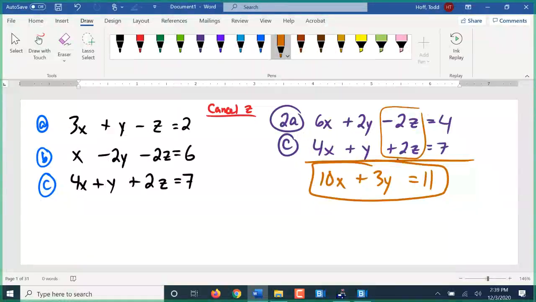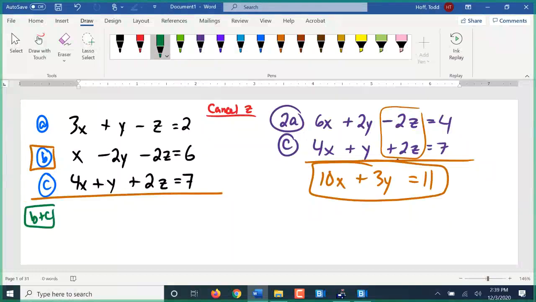Now the one equation I have not used yet is B, so that means I have to use B here. I'm going to go ahead and just combine B with C, because I've got negative 2z and positive 2z already, it'll cancel out. Now it's important here, z is the variable I canceled out the first time.